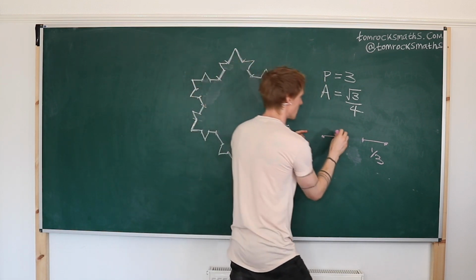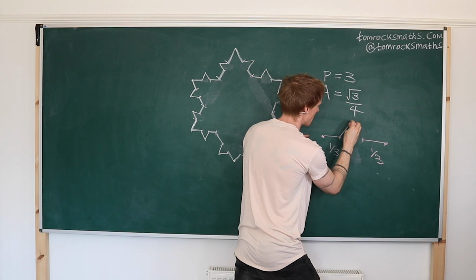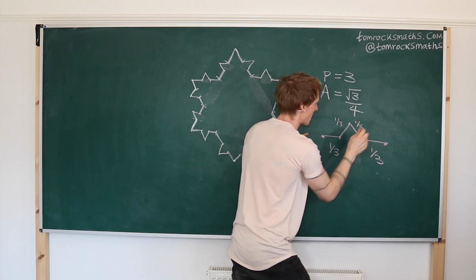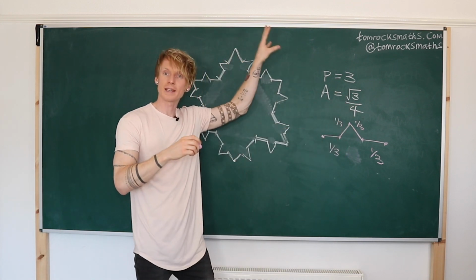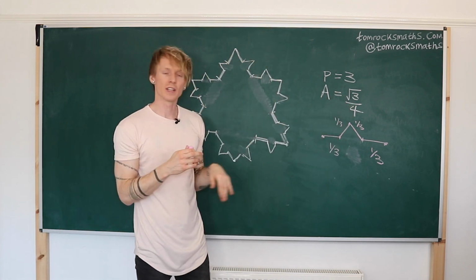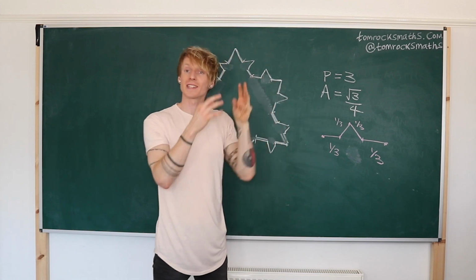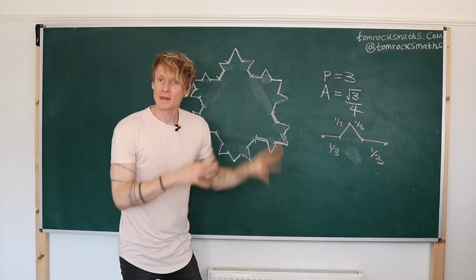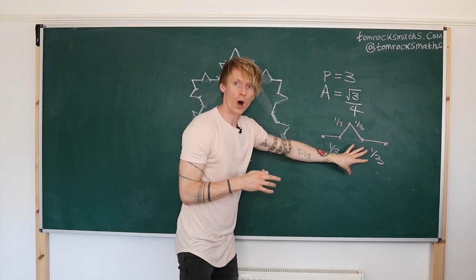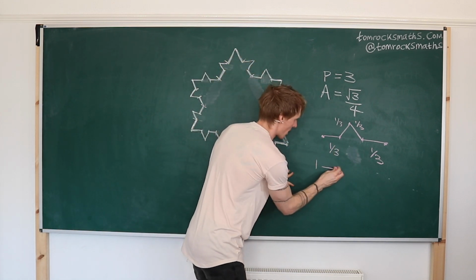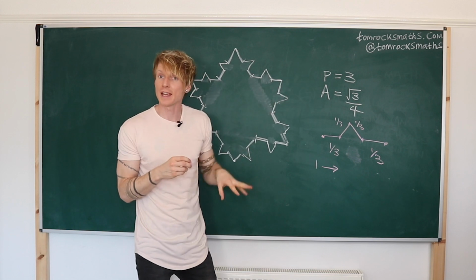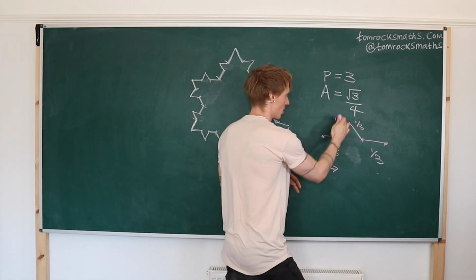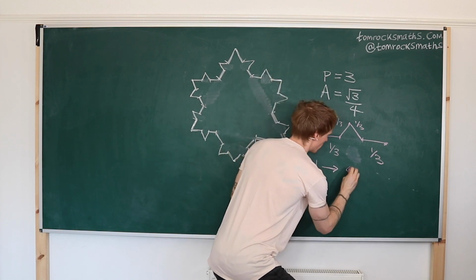And then we added in 2 other lines, each of length 1/3, because we added in 2 lines to replace the 1 that we removed, and those 2 lines were each of the same length as the 1 that was removed. So at the beginning, this had length 1, and then after that very first application of our set of rules, it now has length 4 lots of 1/3, 4/3.